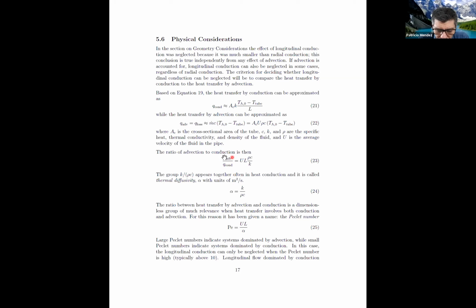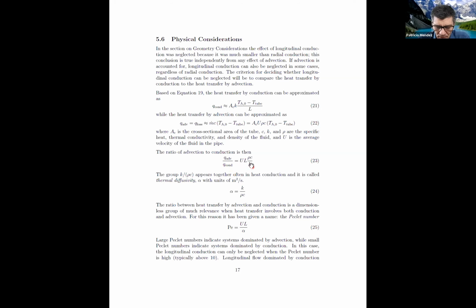And look at this. If I divide equation 22, that is heat by advection, by equation 21, that is heat by conduction, the temperature differences cancel each other out, and the cross-sectional area cancels out. I end up with equation 22 divided by equation 21 is equation 23. This is dimensionless, because this is watts divided by watts.